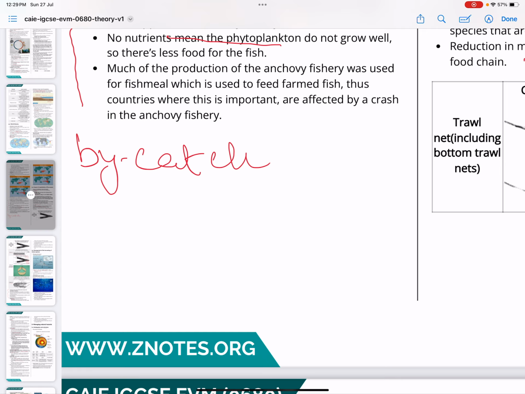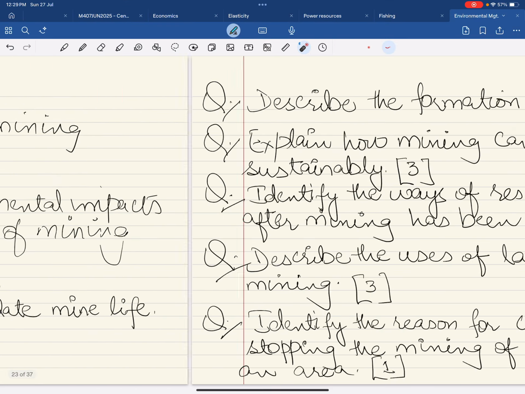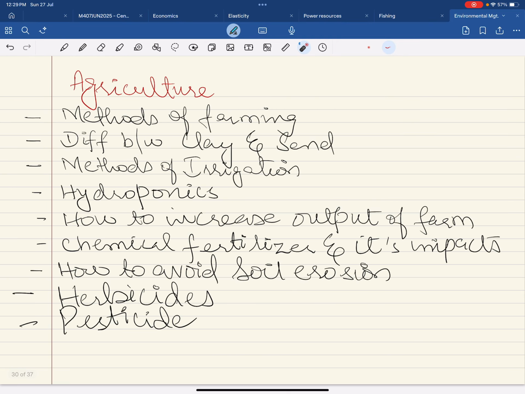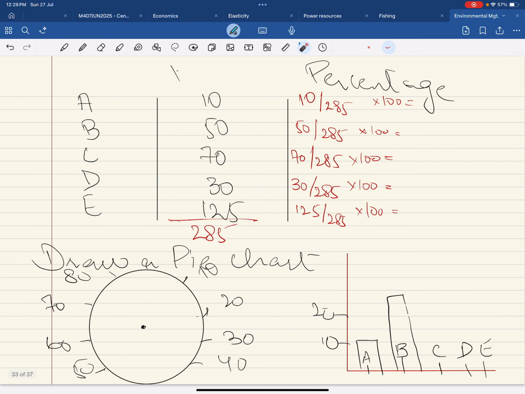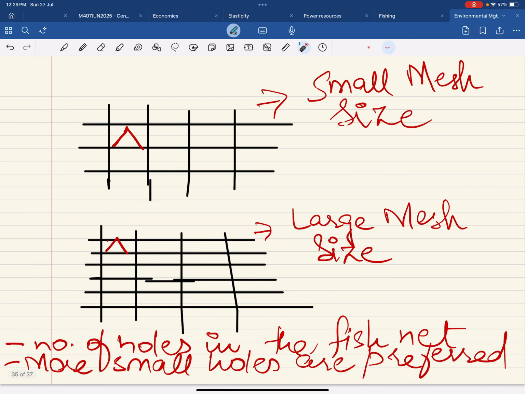Now, for the prevention of bycatch, the government has recommended the use of fish nets which are smaller in size, and which have smaller holes in them. That is the recommended type of fish net to be used in order to prevent bycatch.